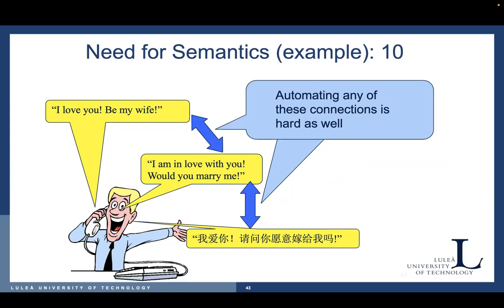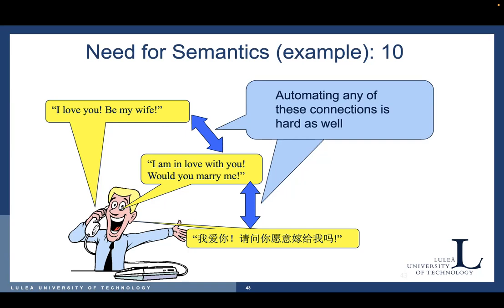As I told you, language as a communication means is feasible, and to me it's much more straightforward how to automate. That's more about translation, so how to map from one sentence to another sentence.